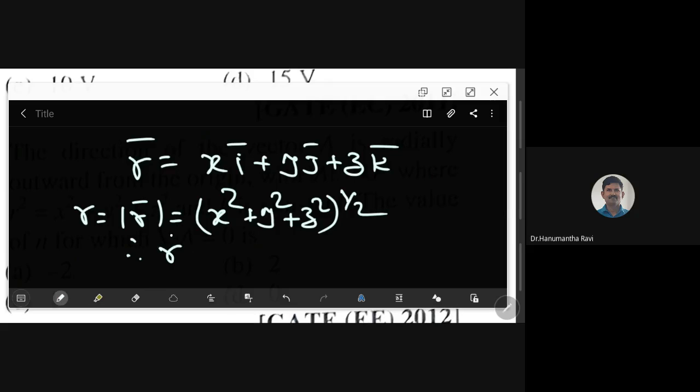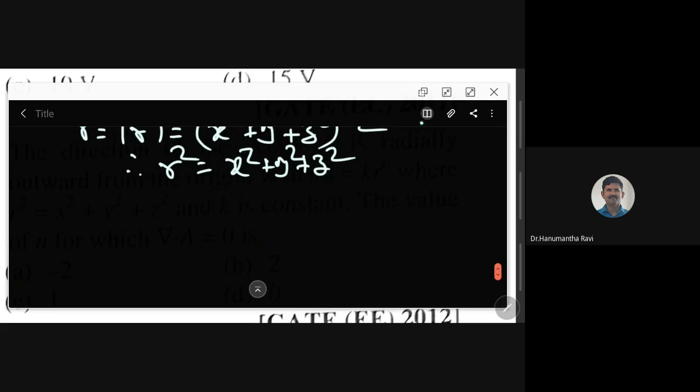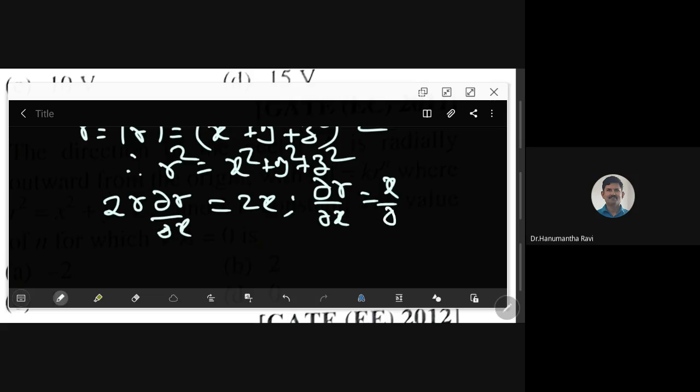Therefore, what is r square? R square is x square plus y square plus z square. Okay. Now, for the sake of future work in this problem, I want 2r dou r by dou x. Both sides we are differentiating with respect to x, so it is 2x. Therefore, dou r by dou x is x by r.